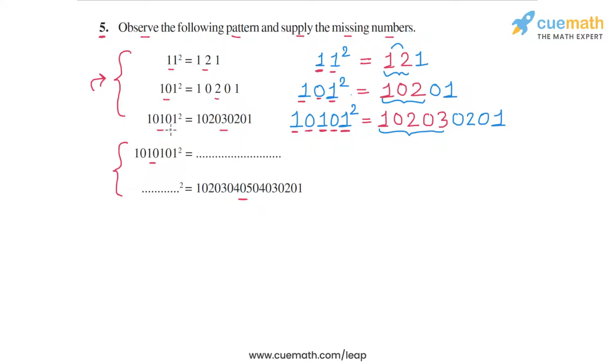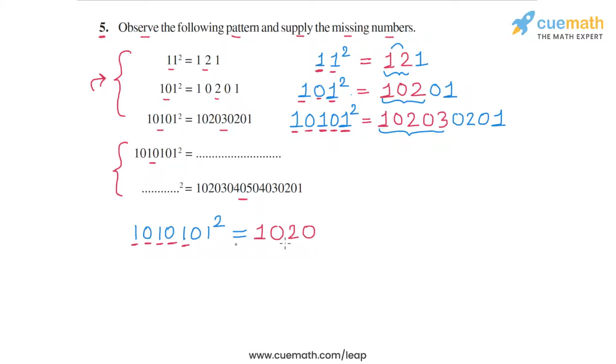Okay, so this kind of pattern thinking is what we can apply for the remaining 2 squares. So the fourth square is 1010101 square. So let's complete it using the same thinking that we've used earlier. So we have the first one. For this we write 1, and then we have 0, so we write 0. Then we have the second one, for which we write 2, and then we have 0.